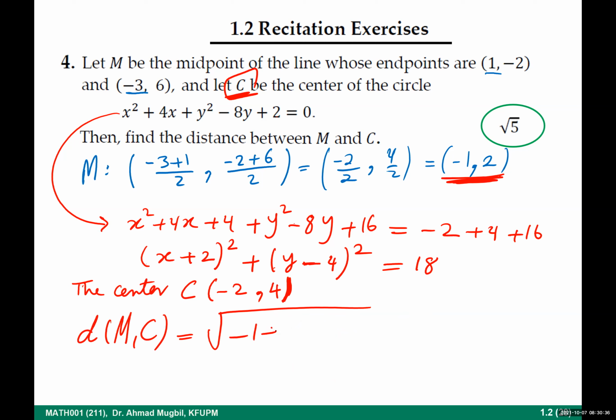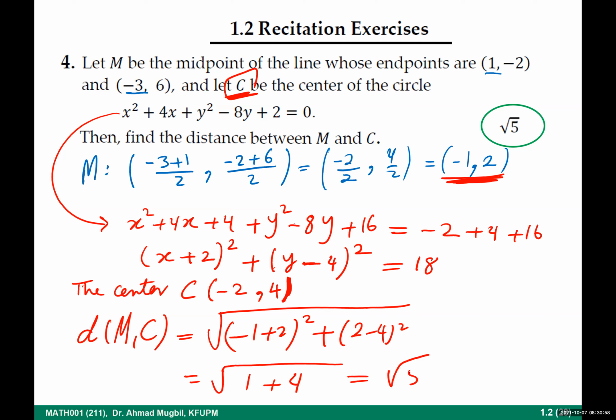It is the same. Let's start from here. -1 minus, it will be plus, all squared, plus 2 minus 4 all squared, or 4 minus 2 all squared, the same. This will be equal to the square root of what? -1 plus 2, 1 squared, 1, plus 2 minus 4, -2, -2 squared, 4, square root of 5. This is the answer.